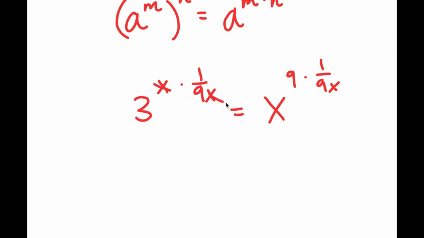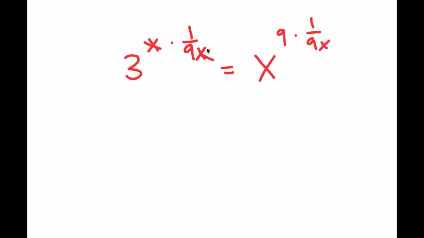Now x and x in the denominator here cancel out. So I get 3 to the power of 1 over 9 is equal to x to the power of 9 and 9 cancel out, 1 over x.